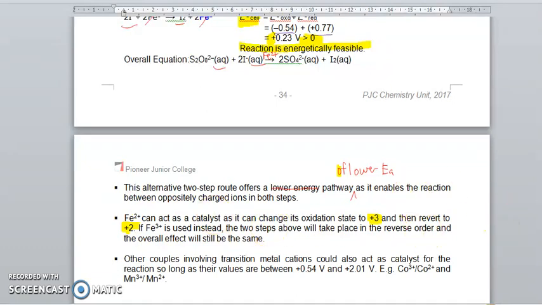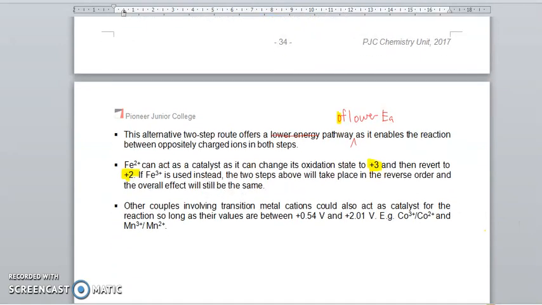And what other transition elements and their ions can be used? We can also choose to use cobalt 3+ / cobalt 2+ and manganese 3+ and 2+. Okay, as long as it's flanked between the iodine E0 positive 0.54 and the peroxydisulfate and sulfate E0 positive 2.01.